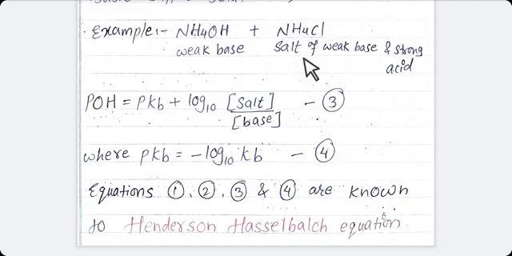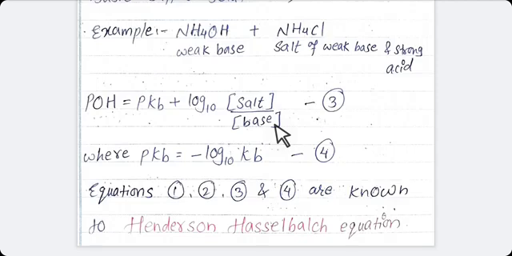Now the formula, as you have already studied: for base, in place of pH we are using pOH. So the pOH of basic buffer solution is pOH is equal to pKb plus log to the base 10 of concentration of salt upon concentration of base. The formula is the same, only the difference is that in place of pH we are using pOH, in place of pKa we are using pKb.